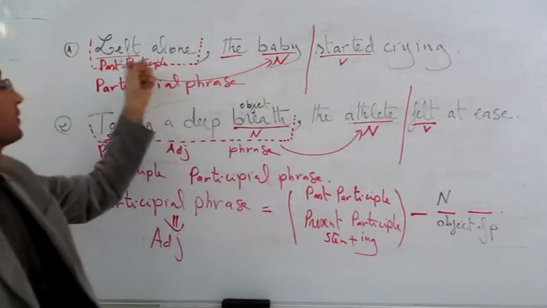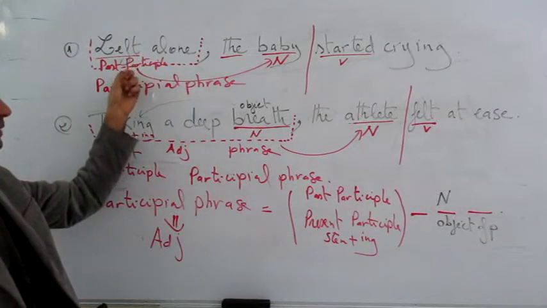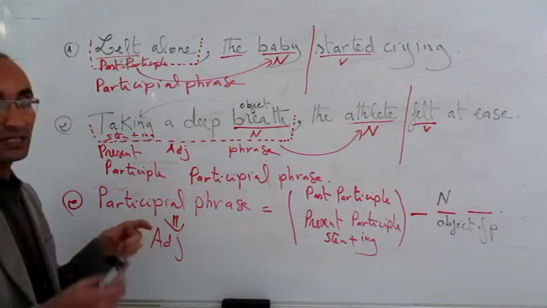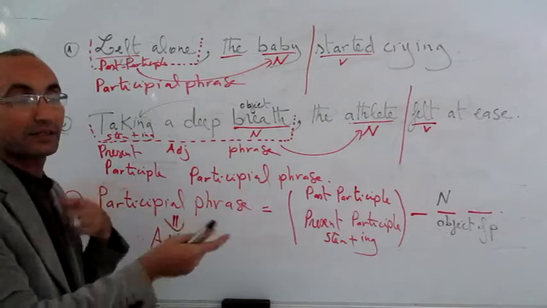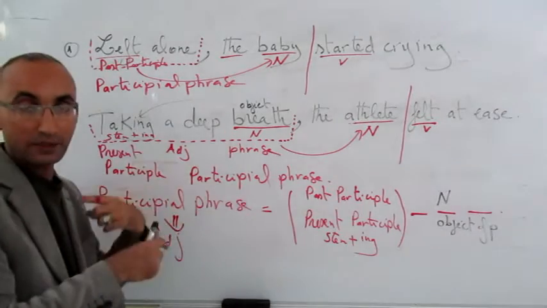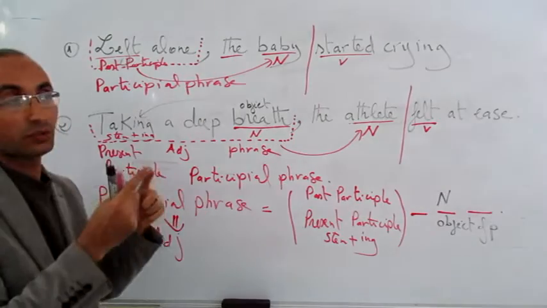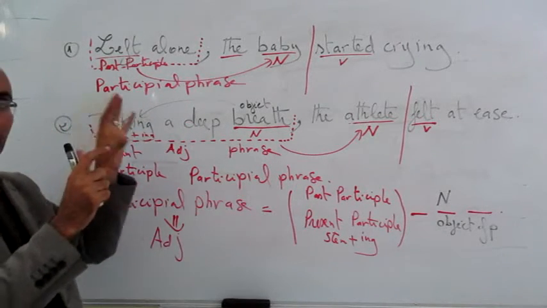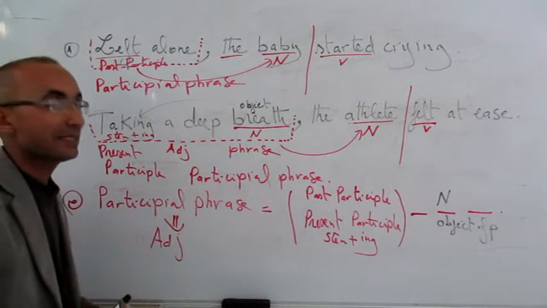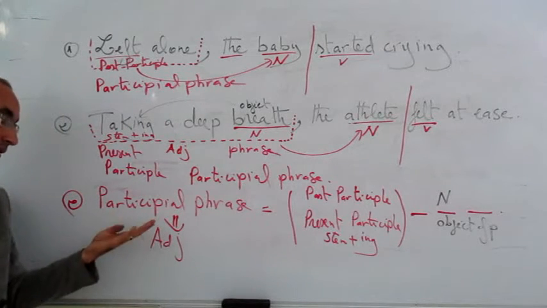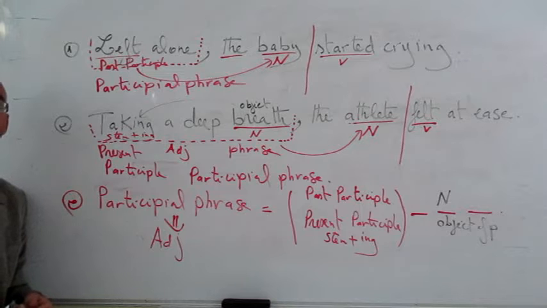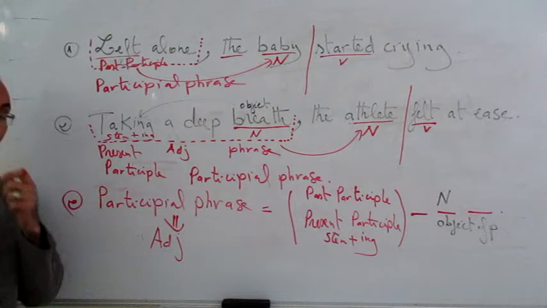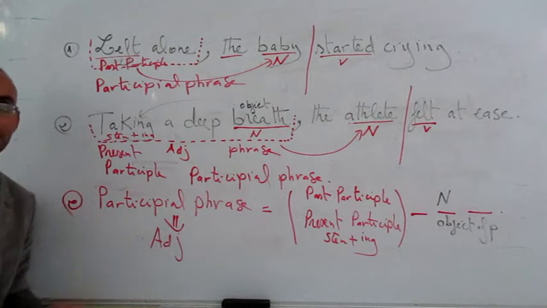Here, left alone modifies and describes the noun baby. So this type is related always to a noun. Unlike the first one, prepositional, which we said acts as an adverb if related to a verb, and as an adjective if related to an adjective or a noun. So here is our second type of phrases. There is still another important type, but we will see it in this lesson. Just follow.